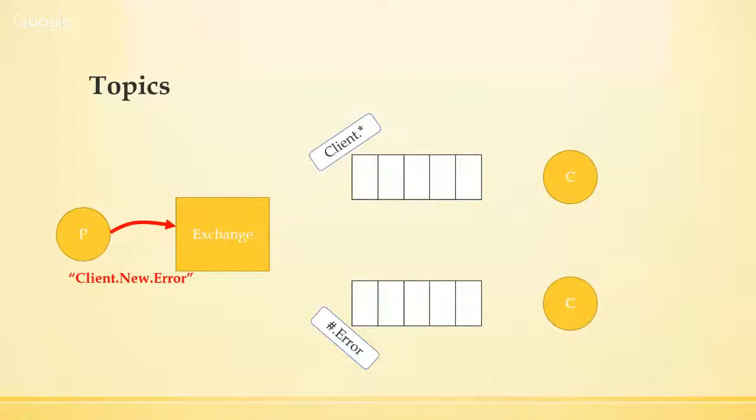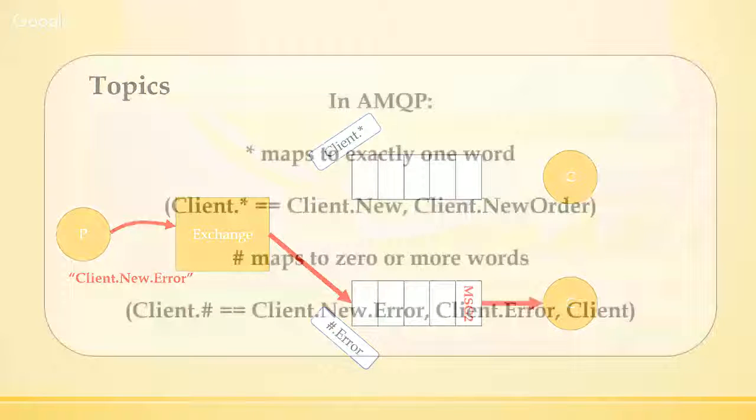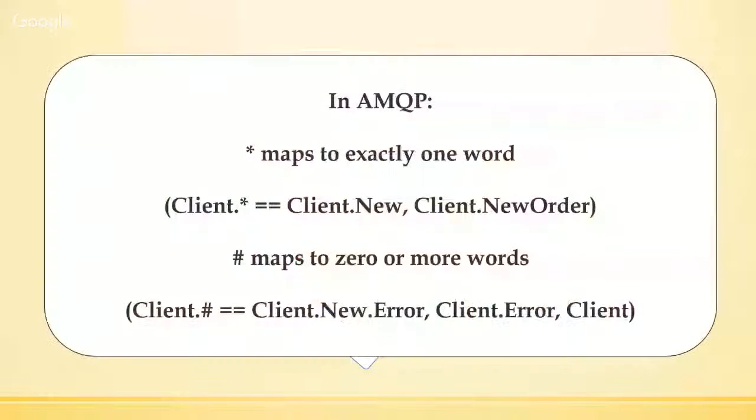It won't match the first queue because star maps to exactly 1. A client.new would match once, but client.new.error has 2 after client dot, so it wouldn't go to the first queue. Topics are a way of routing messages based on the routing key, where you've got a lot of flexibility around what that routing key is.